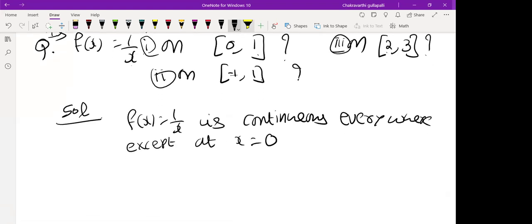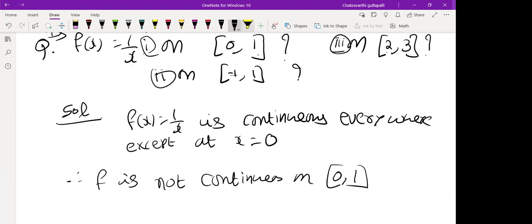Therefore, f is not continuous on the closed interval 0, 1. So, it cannot be uniformly continuous. Not uniformly continuous.